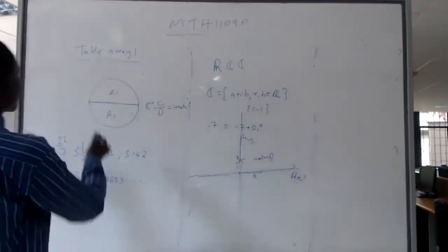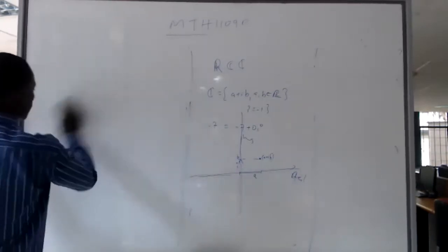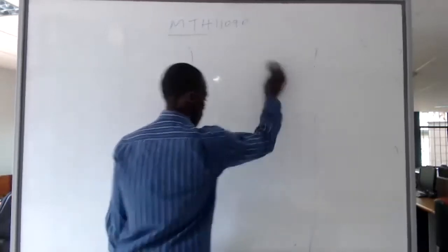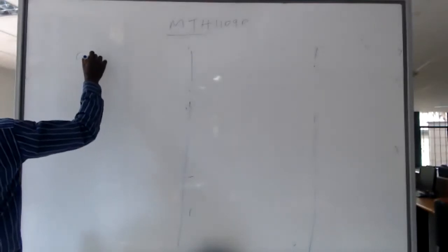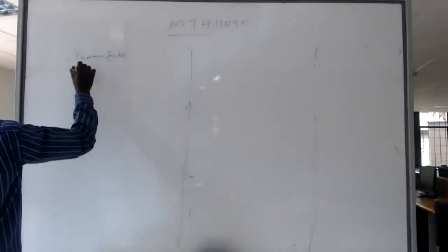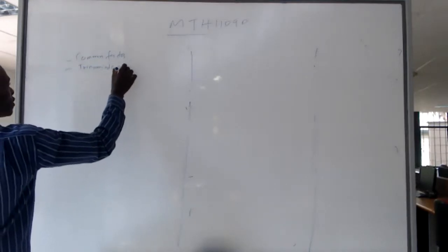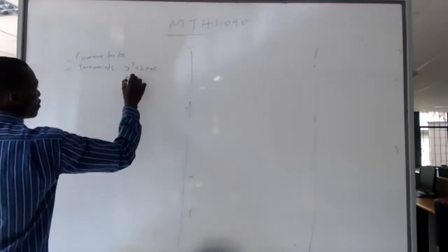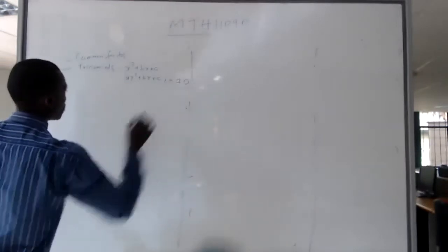Okay. Last time we looked at factorization of expressions. I showed you how to factor expressions using common factors. I showed you how to factor trinomials of the form x squared plus bx plus c, and also the form ax squared plus bx plus c, where a is non-zero.